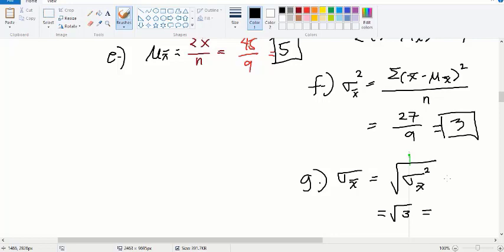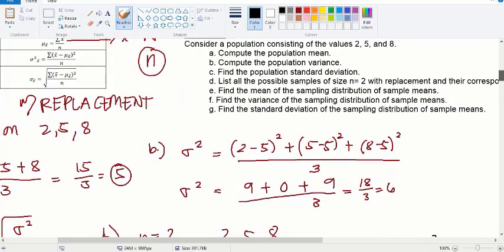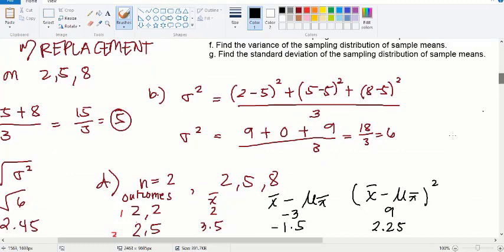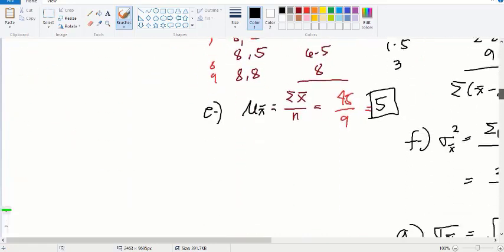Let me see, what is the square root of 3? Okay, 1.73. Okay, so that is the final answer. So that's it actually, guys, no? So that is with replacement. Okay, sampling with replacement. Okay, next.